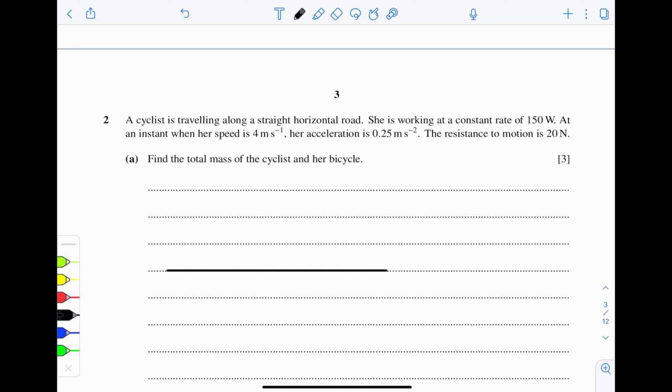This means that power is given. Power is 150 watt at an instant where the speed is 4 meter per second. Her acceleration is given 0.25 meter per second square. The resistance to the motion is 20 Newton.